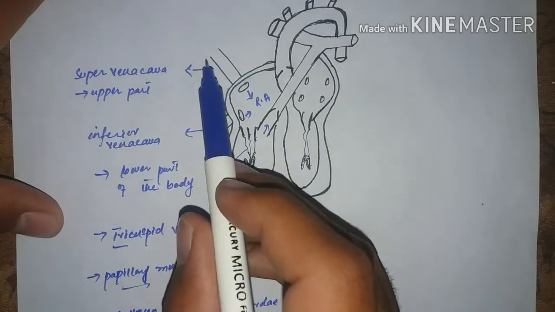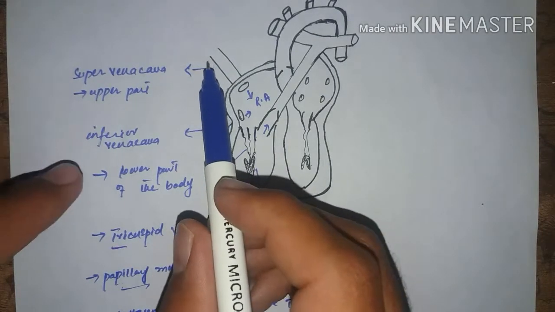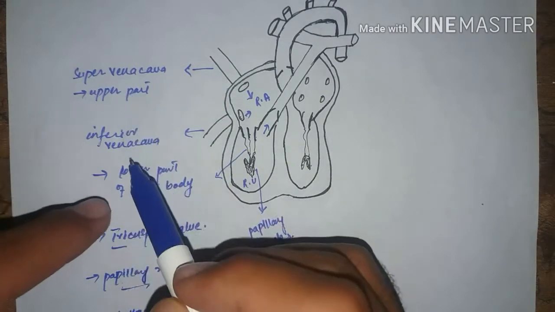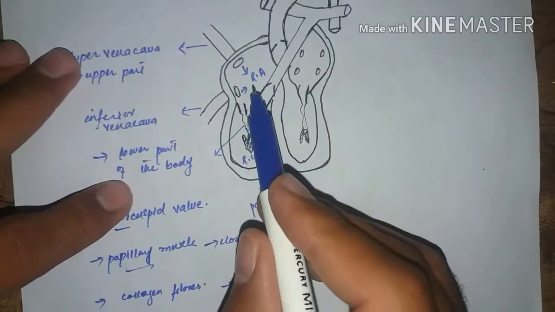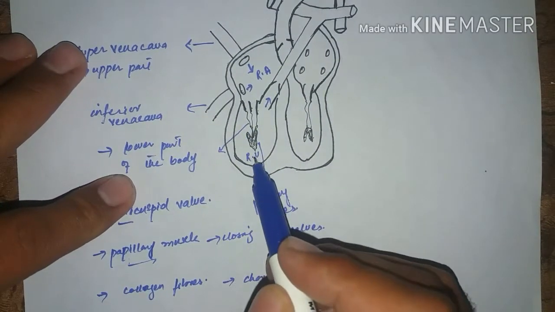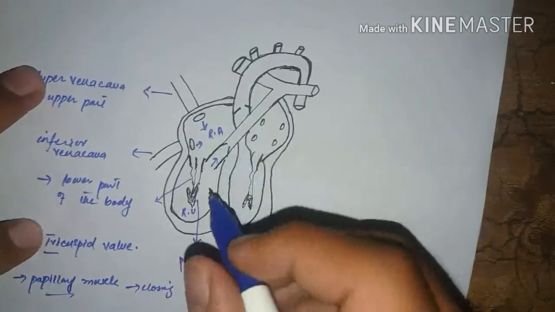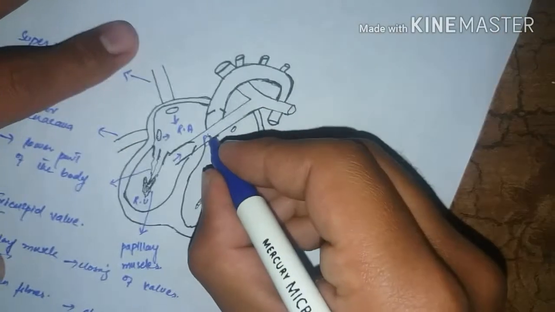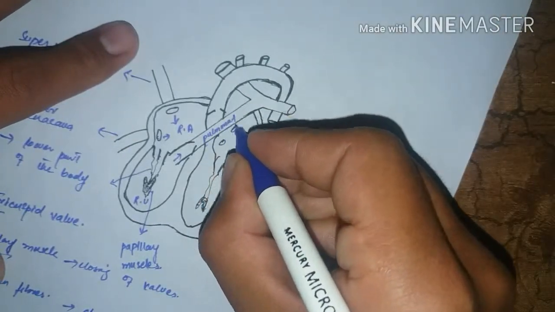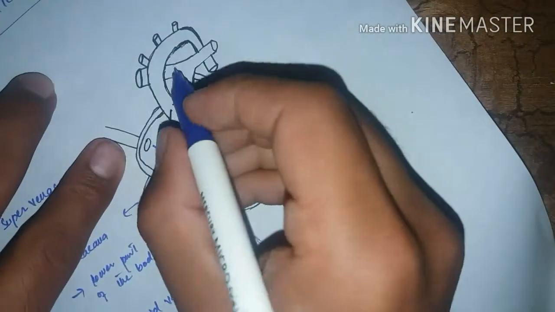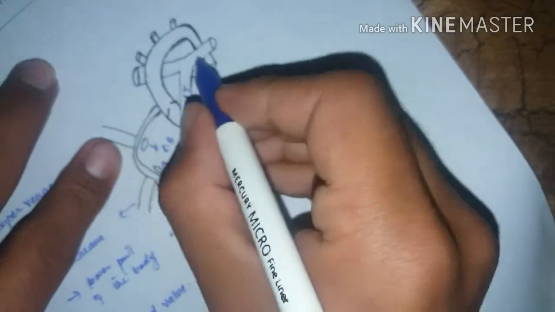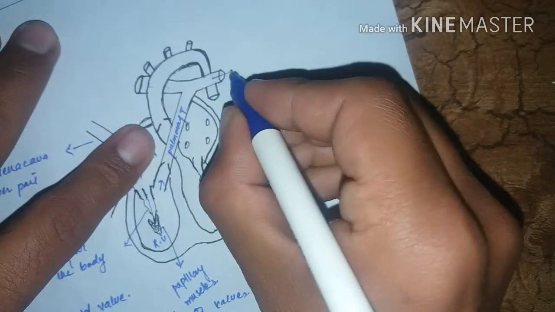First of all, the deoxygenated blood drains from the whole body with the help of superior vena cava and inferior vena cava. It comes to the right atrium. From the right atrium, it goes to the right ventricle. From right ventricle, it goes to the pulmonary trunk, and this is pulmonary arteries.